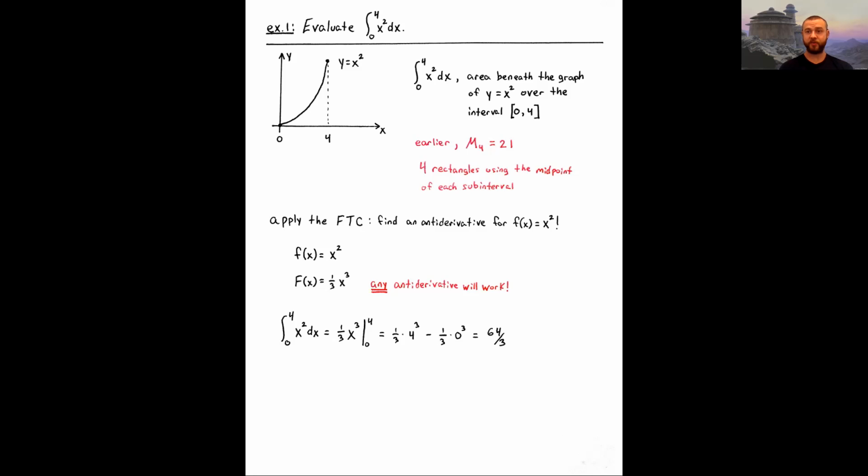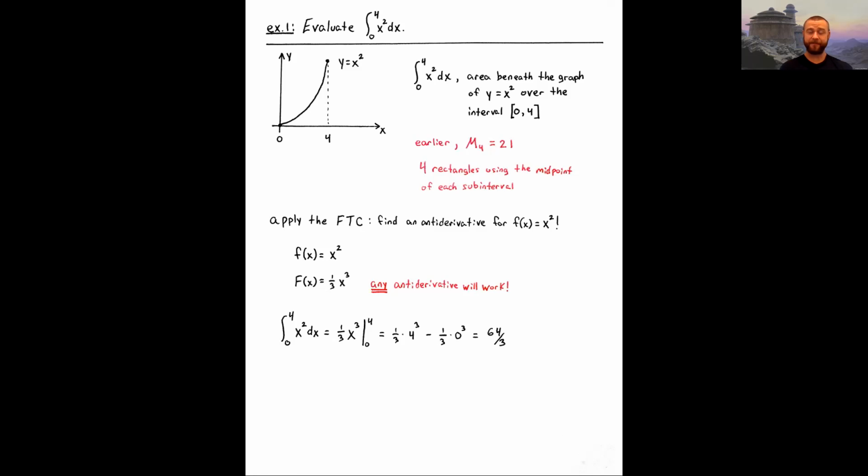Aside from adjusting to what the FTC tells you, the antiderivative is very simple to find using the power rule for antiderivatives. Then we just plug in the endpoints of our interval, 0 to 4, and we get the answer here, 64/3. The exact answer comes to us much, much faster than any approximation. That's kind of interesting that the exact answer comes faster than the approximation.